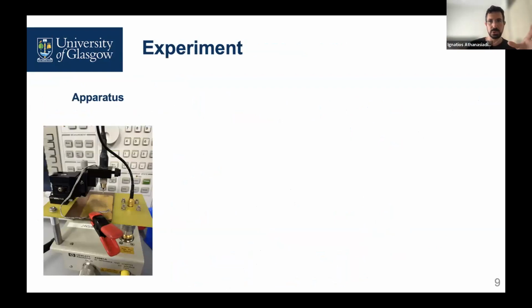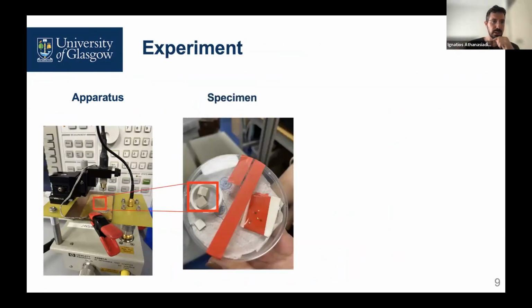So of course, we just show again the experiment that we have always in mind in this analysis that I'm going to present. Here there is the apparatus where the specimens are placed, and then an electrode is put on the top of this, and on the bottom there is the grounding.